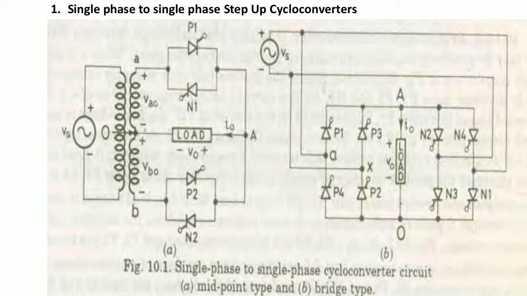The secondary of the transformer is center tapped, and the point at the center is O. The load is connected between point O and the point A. In the upper part there are two SCRs, P1 and N1, connected in anti-parallel manner, and in the lower part there are two SCRs, P2 and N2, which are also connected in anti-parallel manner.